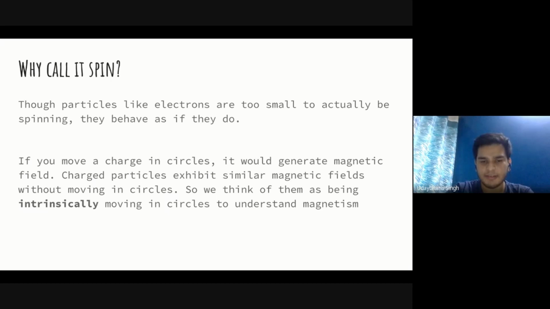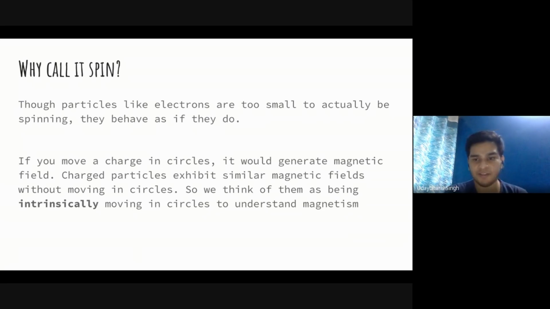Yeah, that's largely accurate. What we're saying is that if a charged body were spinning, then it would be creating a magnetic field. Similarly, particles generate the magnetic fields that they would if something of that particular charge were spinning, but in actuality they aren't physically rotating.